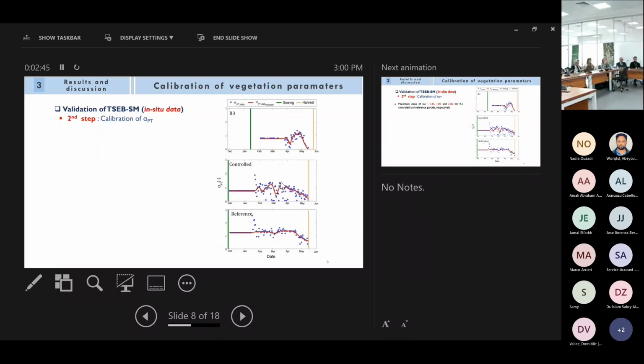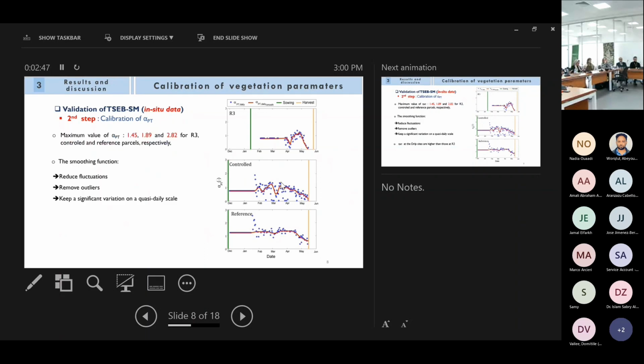Here I'm presenting the result of the inverted Priestley-Taylor coefficient on a daily basis. The maximum is around 1.45, 1.89, and 2.82 for the Archi, control, and reference parcels.